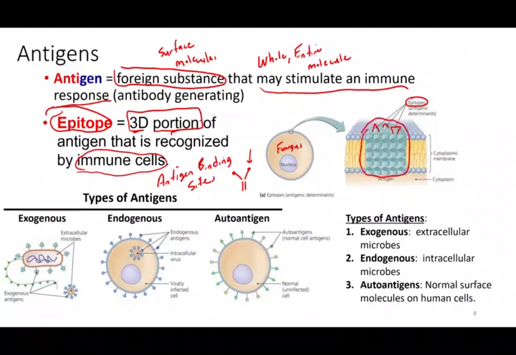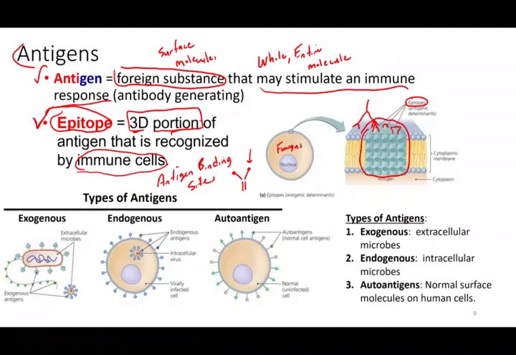But we could have, this is going to be hard for me to draw, an antibody that has the ability to recognize this one little region, that specific epitope. So that term becomes equally important to our antigen term. The antigen is the whole molecule, but the epitope is that specific three-dimensional region that immune cells can and do recognize.